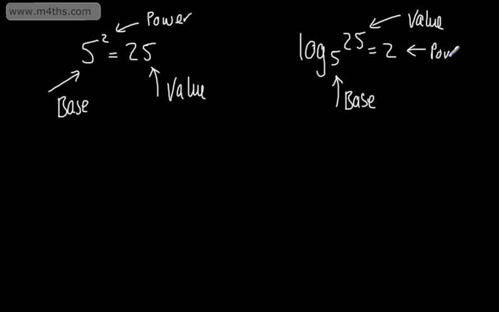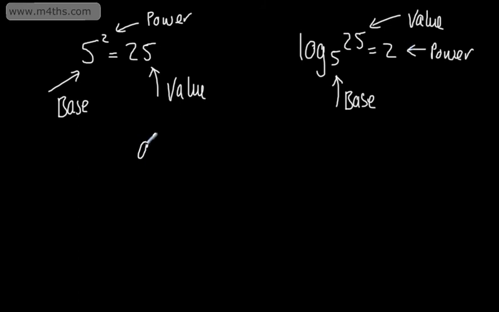So let's go back to my original statement. The logarithm is simply the power the base is raised by to give a certain value, and we can see this here. This is the power, and we would say now that log to the base 5 of 25 is equal to 2.